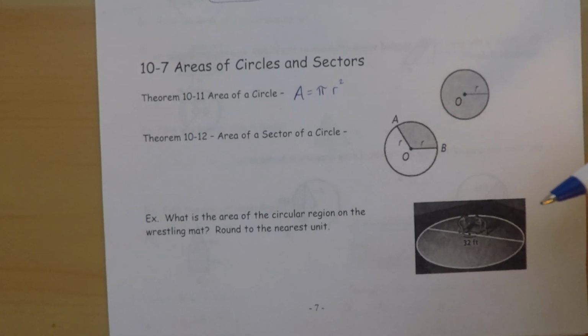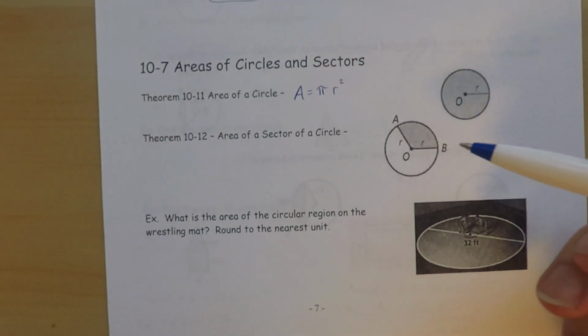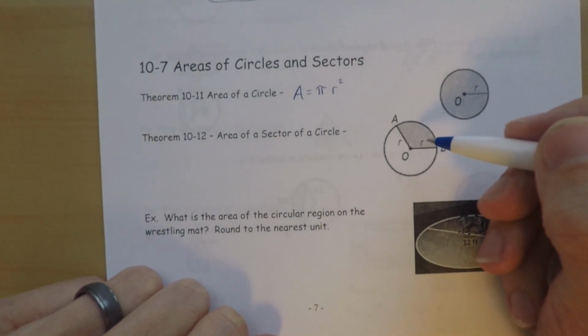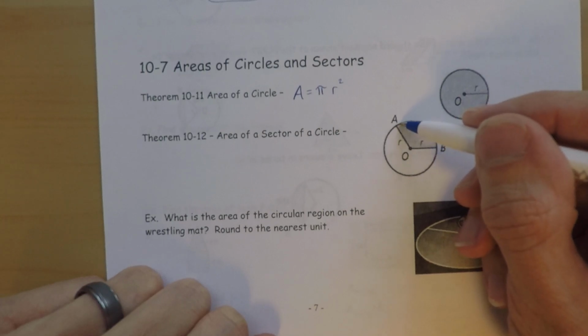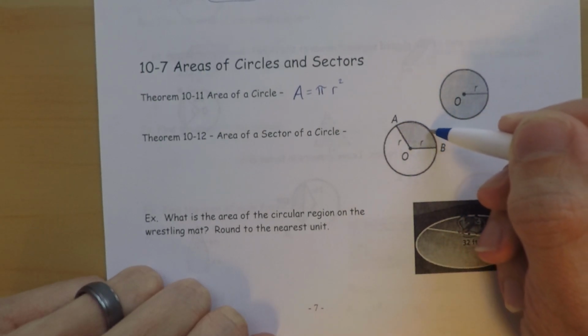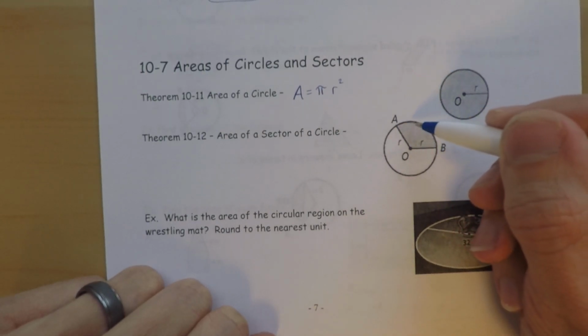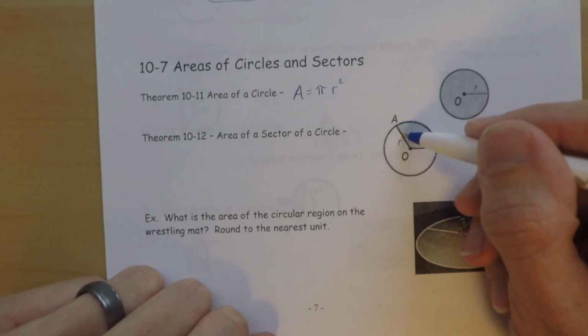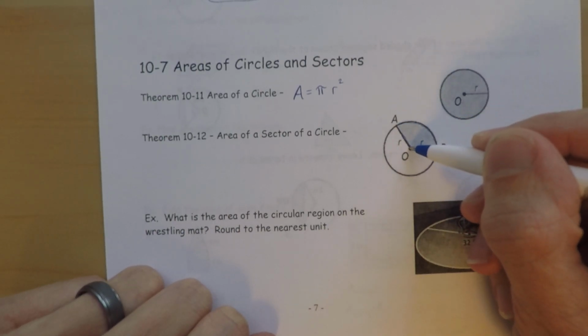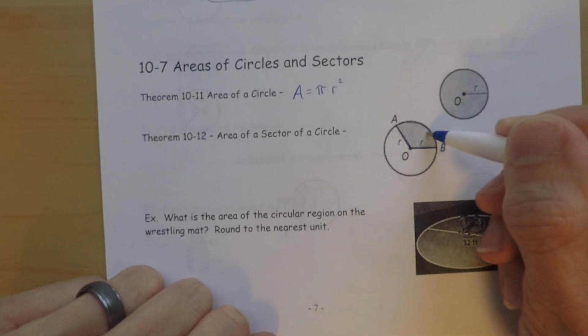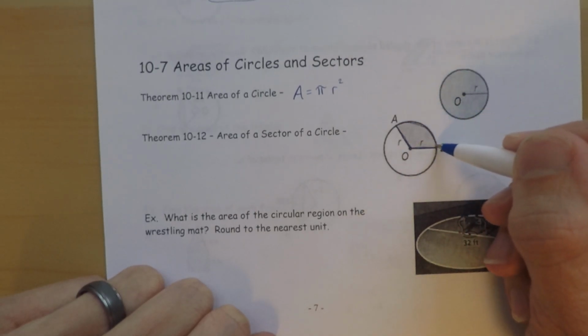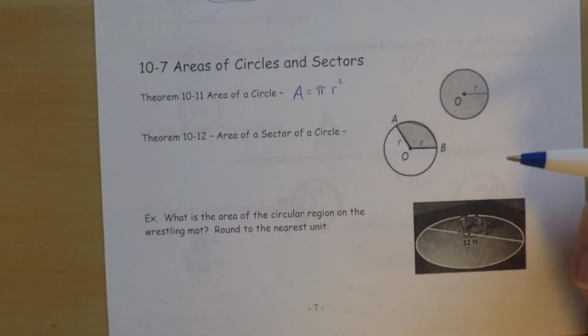If you want a more precise definition, then a sector is the area formed by an arc. Here's our arc, and the two radii at its endpoints. So draw a radius from this endpoint, draw a radius from that endpoint of our arc. And it's the area inside that figure.